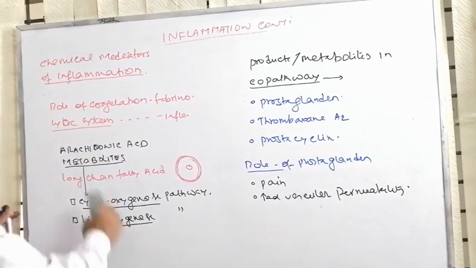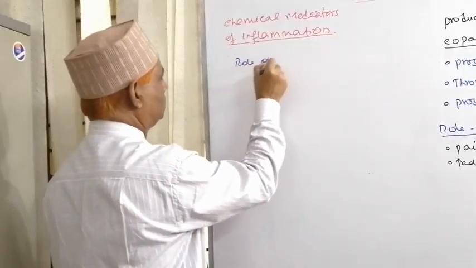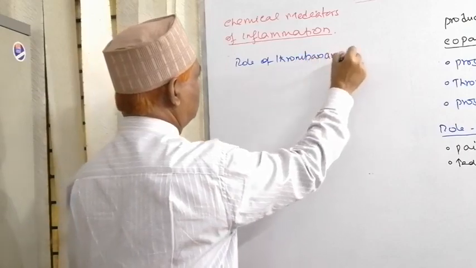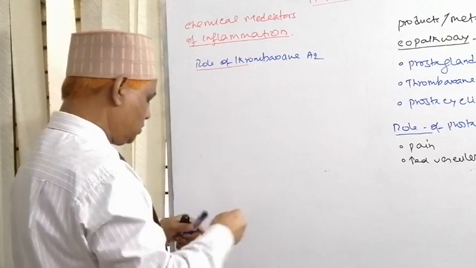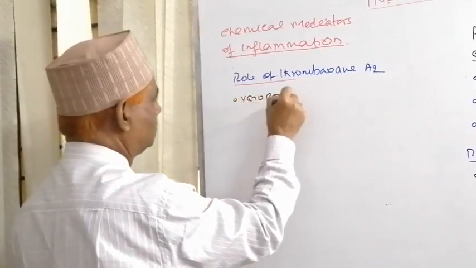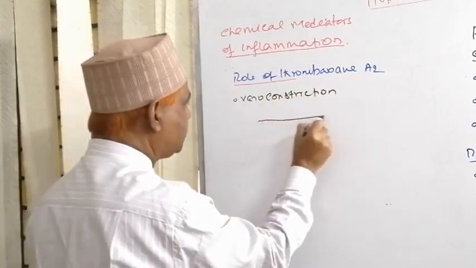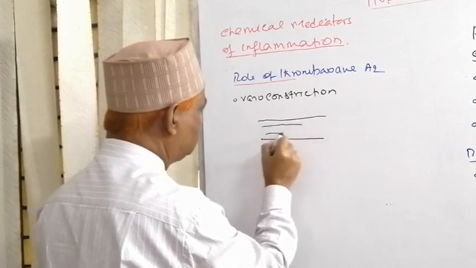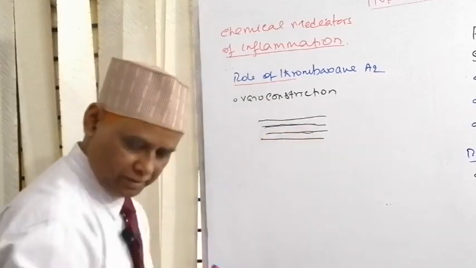Now come to role of thromboxane A2. It is associated with vasoconstriction. So if this is the vessel arteriole, it makes it constrict like this. So this is vasoconstriction.